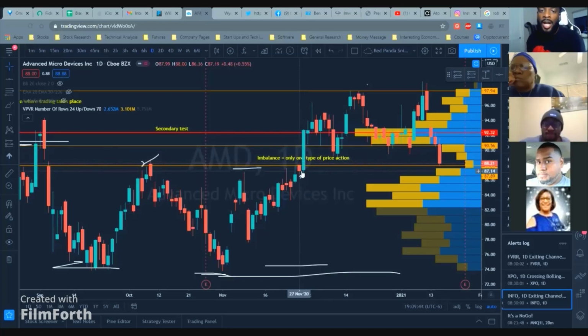And since I enter on the open of the candle before the engulfing one, knowing this is an imbalance and also the entry point on this IFC, if the red line was to show up here, that would be an extra confluence matching up for me.